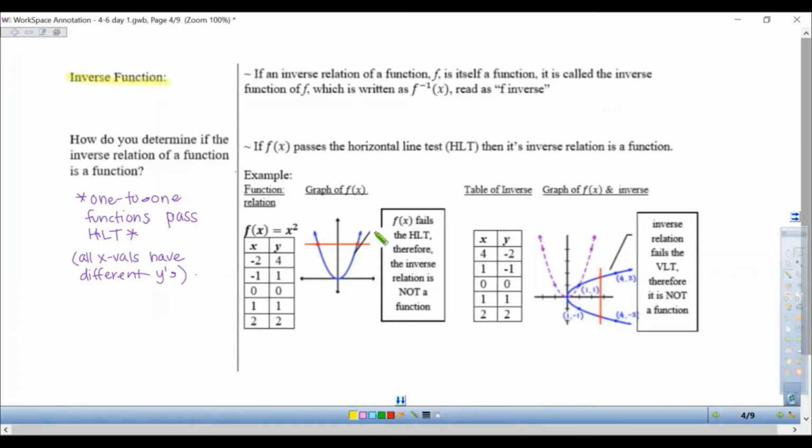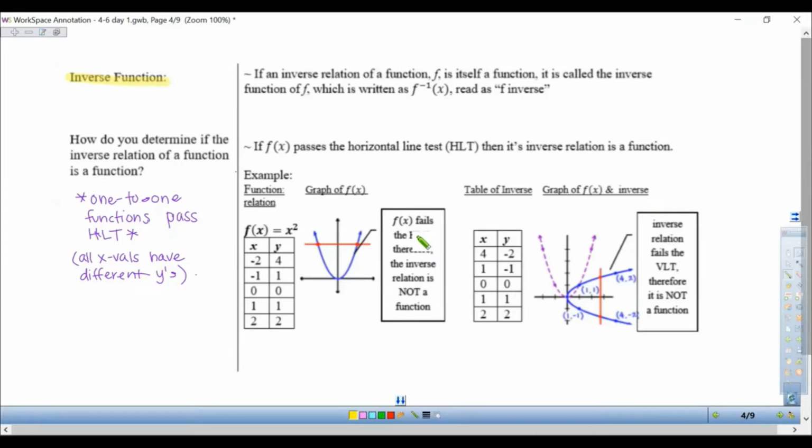And so if an inverse relation of a function f is itself a function, it's called the inverse function. So we can't call it an inverse function unless it's an actual function. Otherwise, it's just called a relation. So we write f inverse as f with like a -1 power of x. So we read that as f inverse.